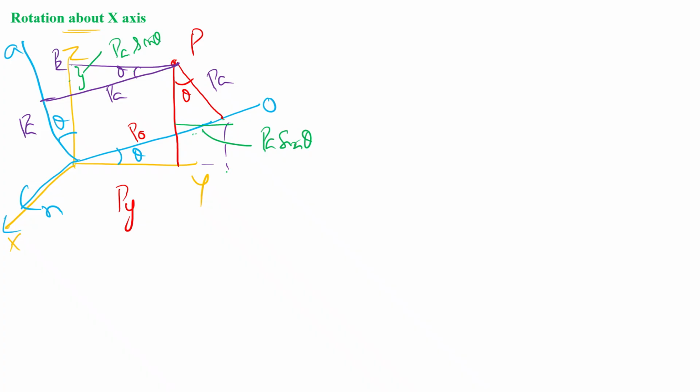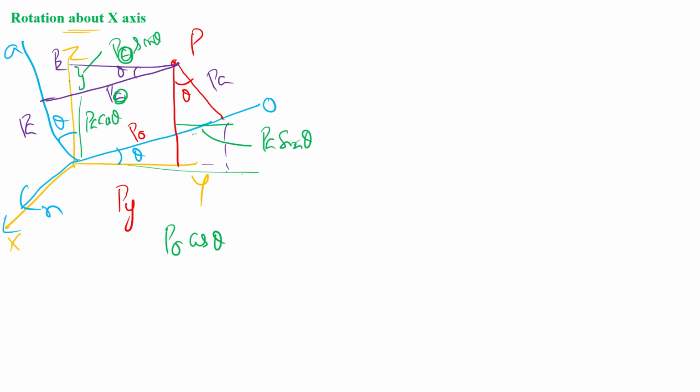Then how about this one? This entire line is Po cos theta. Similarly, this line is Pa cos theta. So this one is Po cos theta, this is Pa cos theta, and here Pa sin theta. Here this is Po, so this is Po sin theta.